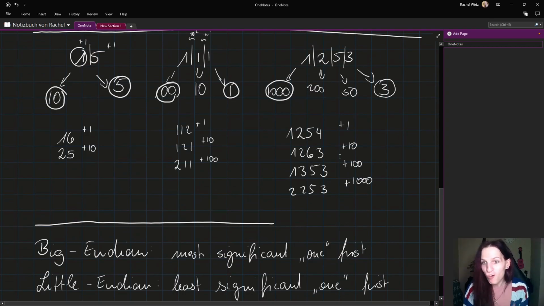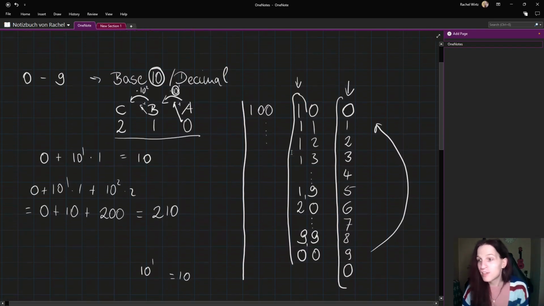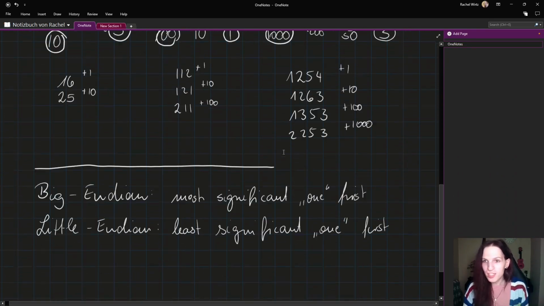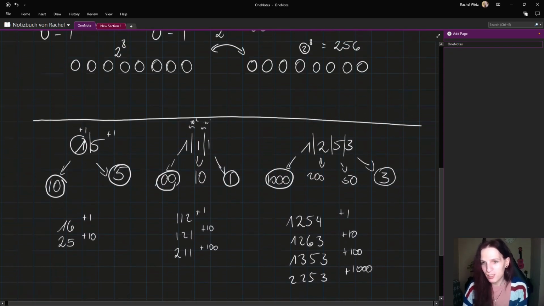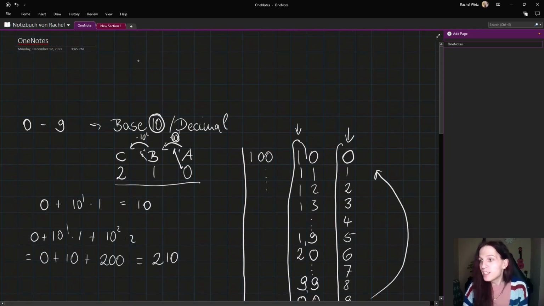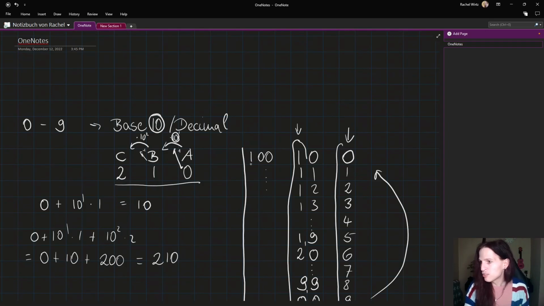The most significant one is the one that changes the number the most if we change it. Therefore, we can say that whenever we write down numbers, we write them in big endian, because the biggest part of the number, we mention first.